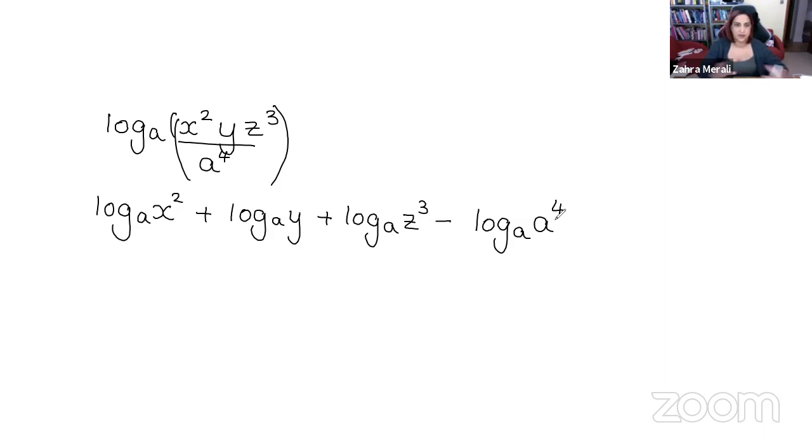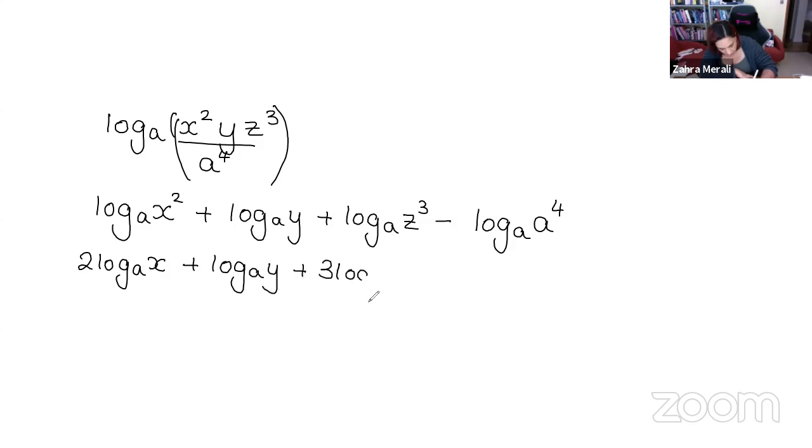Right, so now we've opened it all out. Now we can put the powers in the front. So we'll get 2 log a x, log a y just stays the same, 3 log a z, minus 4 log a a. But what is log a a the same as?